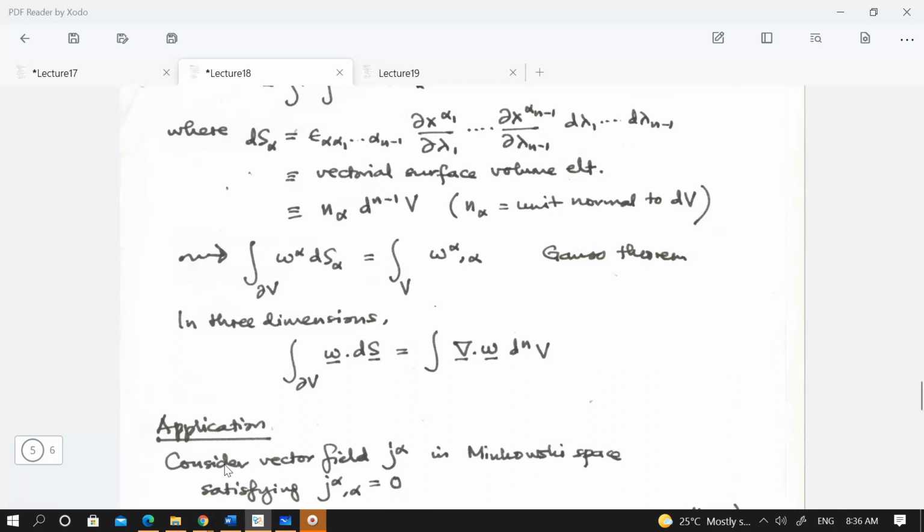So we take the case of n equals 3, then your omega is essentially a 2 form, because n minus 1, and then d omega is a 3 form. So the Gauss theorem is saying you take a 2 form, you integrate over the boundary of the volume, which is a two-dimensional surface.